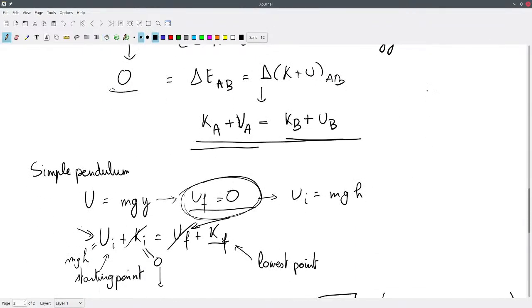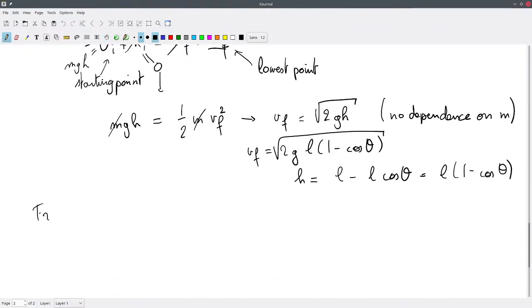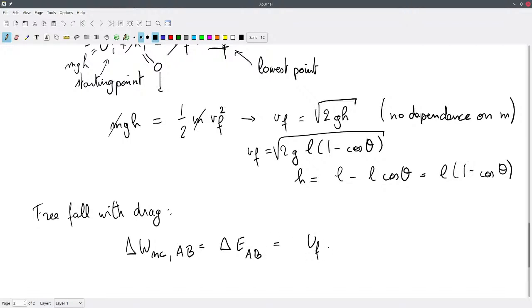So what you'll see in this problem, this is free fall with drag in a sense. So we get that the work done by non-conserving forces from A to B is the difference in energy from A to B, and that will be the final potential energy plus the final kinetic energy minus the initial potential energy plus the initial kinetic energy.